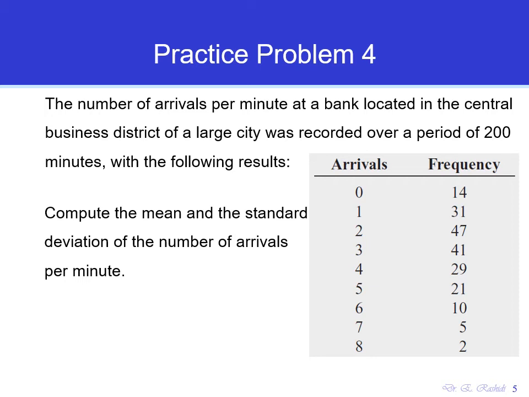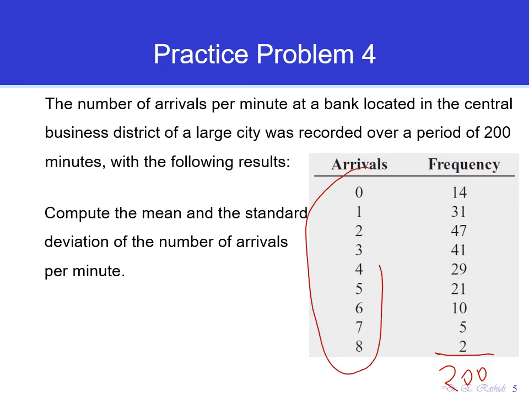In 14 intervals they didn't get any arrivals, in 31 intervals they got 1 arrival, and they got 2 arrivals in 47 periods of time. If you add these frequencies up, you're going to get 200, which is the 200-minute period that we have had.